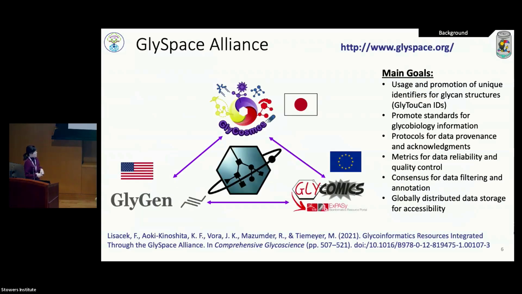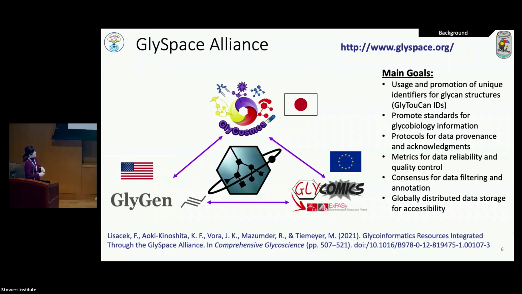Okay, and we are also part of the GlySpace Alliance, which is a three-partner alliance currently between GlyCosmos in Japan, UniCarbKB in Switzerland, and GlyGen in the US.